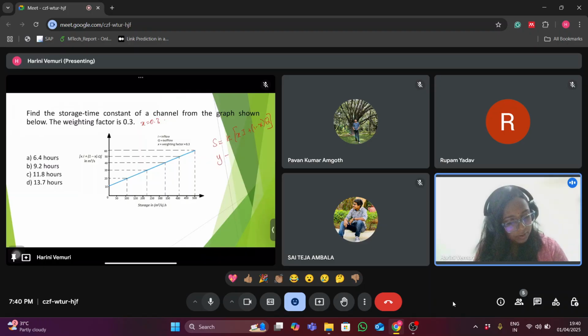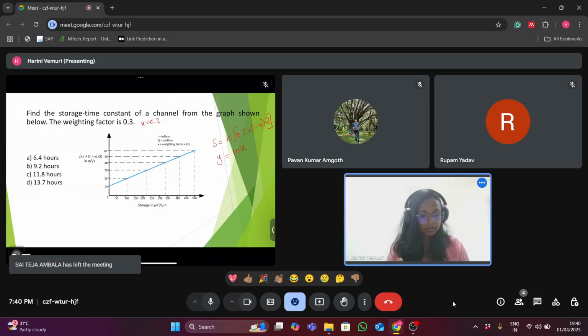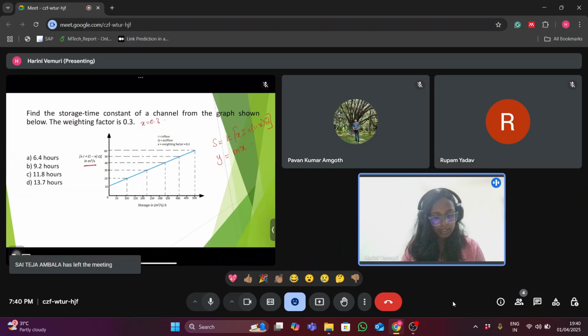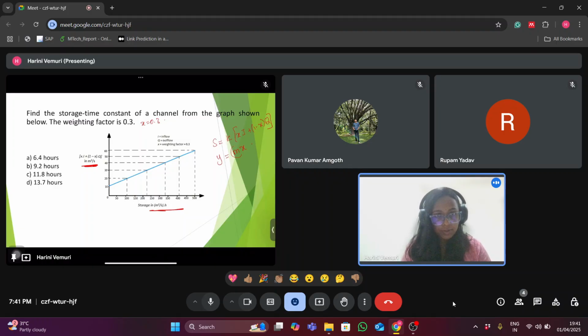This is in the form of y equal to m into x. But here, S is written on the y axis, and this term is written on the x axis. So whatever slope you calculate from this graph, you have to invert it to get the K value. So K will be equal to 1 by m.